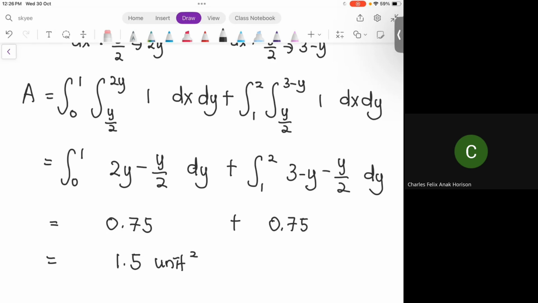Okay, how is it? Can you get 1.5 unit square?